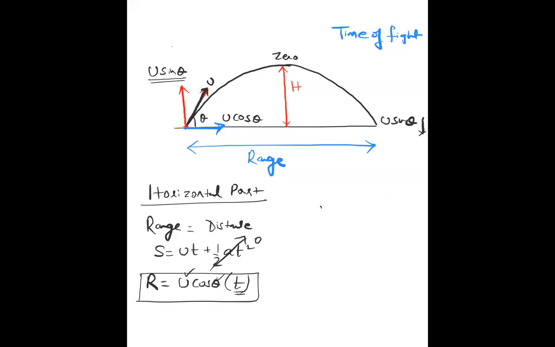So the time formula we will derive from the vertical motion, because time is same only now. So we'll derive it from the vertical part. V equals U plus AT, final vertical component of the final velocity, vertical component of the initial velocity. Okay.